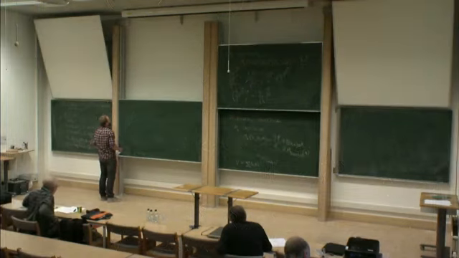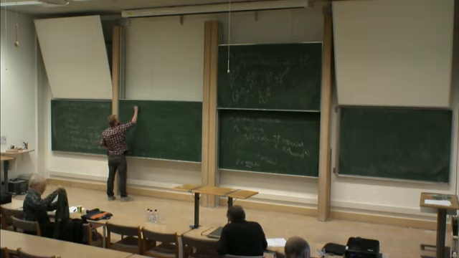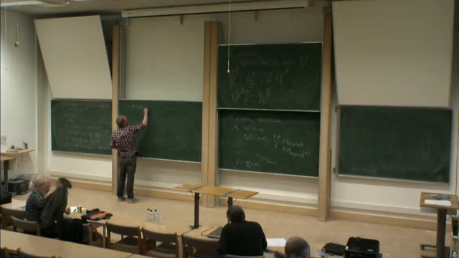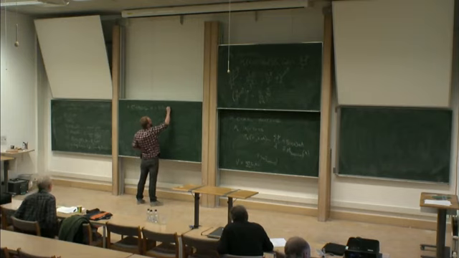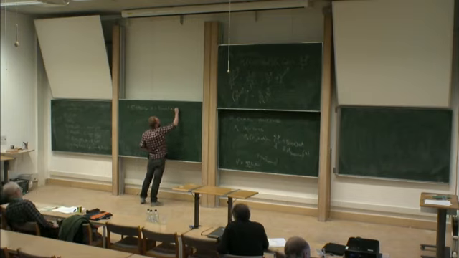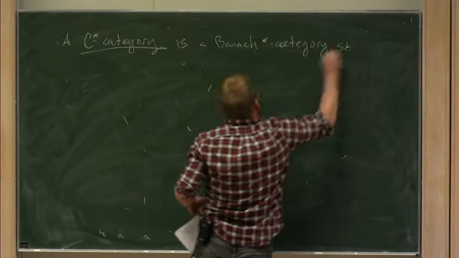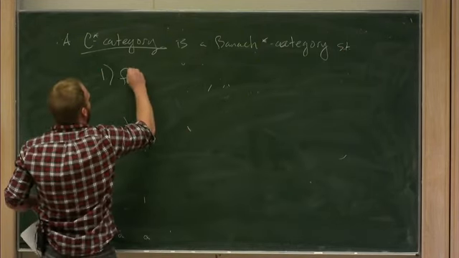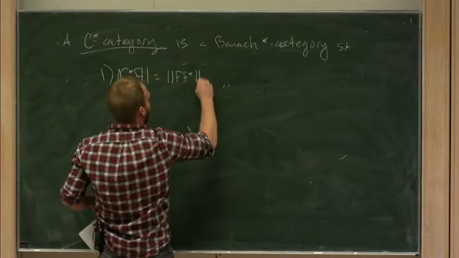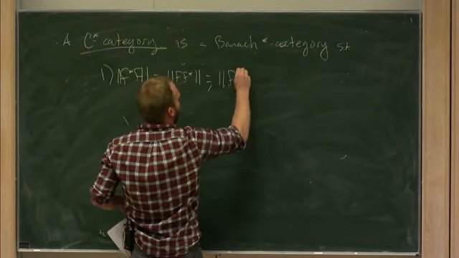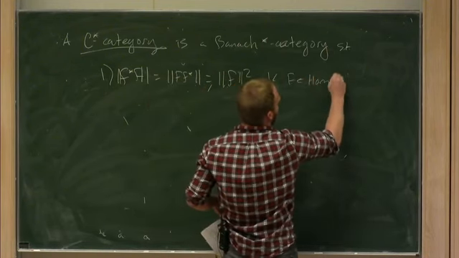So, what do I want to say? Yes, so a C-star category is a Banach star category such that the C-star condition holds, and this is for all Homs F that can go between any objects in my category.